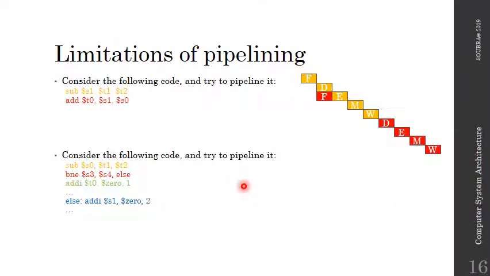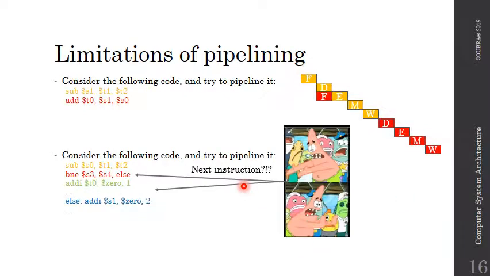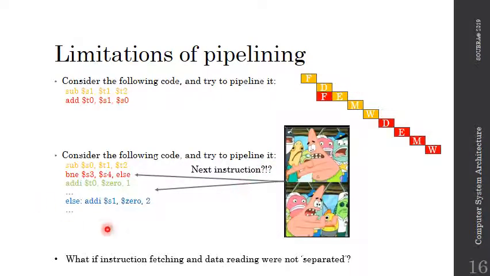Well, a third limitation could be, oh yeah, Patrick, I forgot about Patrick. So a third limitation is about the stages that I could have in my microarchitecture. So basically, what if some stages cannot be separated? So basically, I cannot go ahead and overlap. So it really also depends on the microarchitecture itself and the data path.